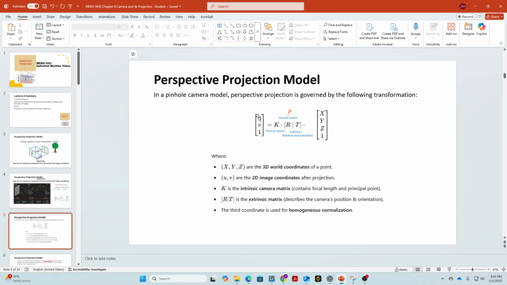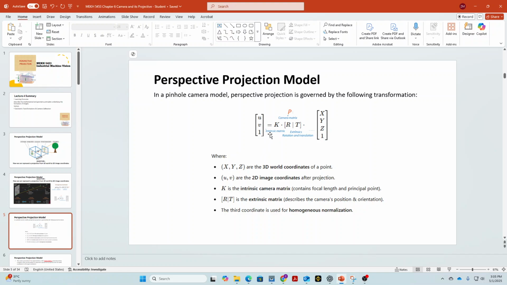We are going to define this one. This xv is equivalent to the 2D image coordinates of the projection. Then you have X, Y, Z, the 3D world coordinates of a point. You have to remember that this is for the homogeneous coordinates. Remember that. This is 3D, this is 2D. After this one is completed, then you're going to map it on the 2D image.